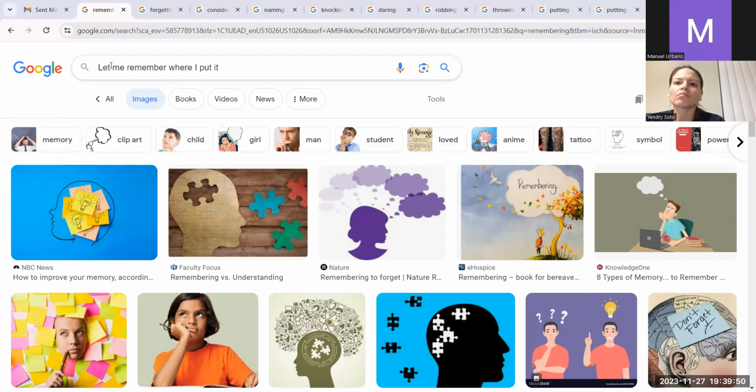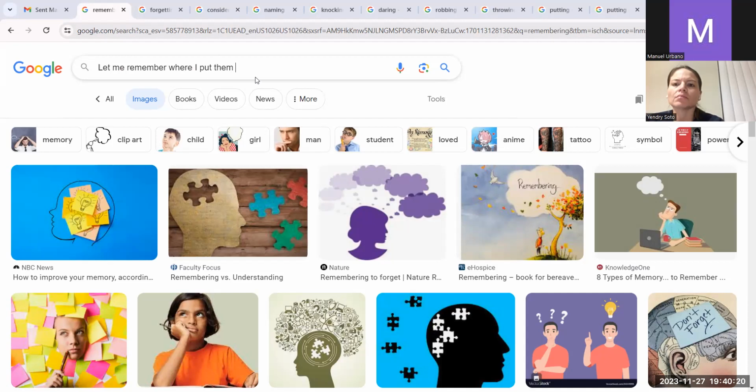Para empezar a sustituir el objeto por it y for them, right? So let's practice. Please repeat. Let me remember where I put them. Okay, so that's another way of saying.